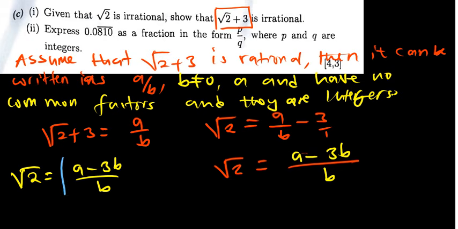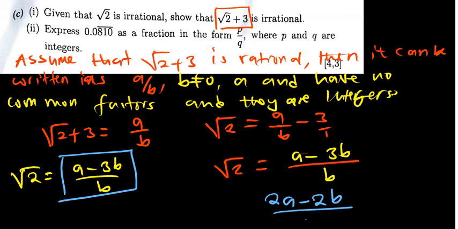Do we have common factors here? What I mean by common factors is, if I have 2a minus 2b over b, or if I have a here and also a there, or maybe 2a, I can see that these can be cancelled, meaning I've got a common factor.